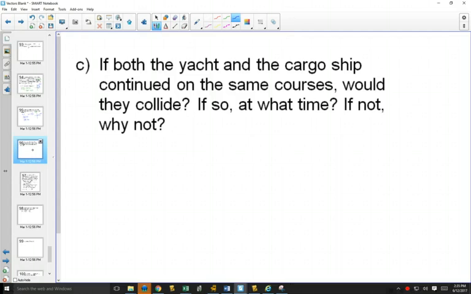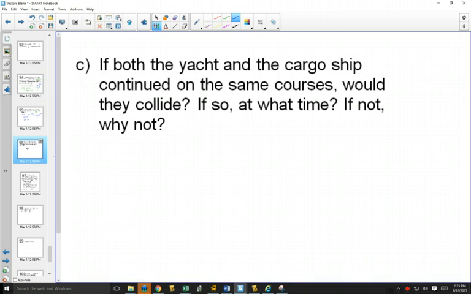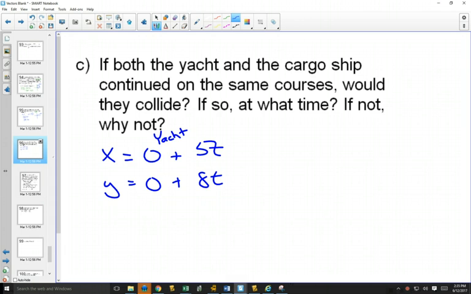let's figure this out. The way that we can do this is we can look at our parametric equations for both of our graphs. Our first one, 0 plus 5t and 0 plus 8t. You wouldn't have to put those zeros in there, but this is your yacht, or your pleasure craft.